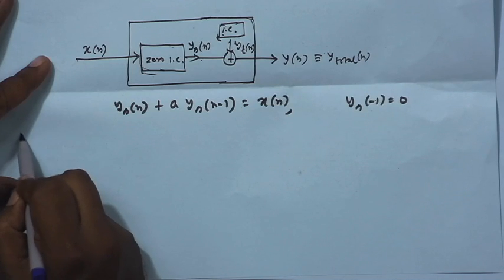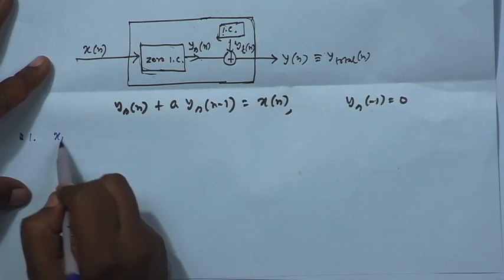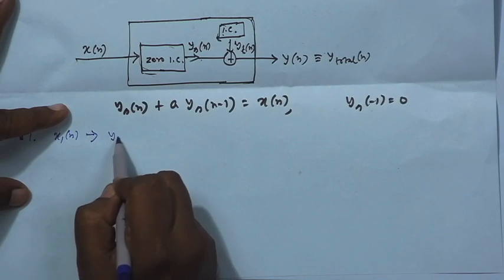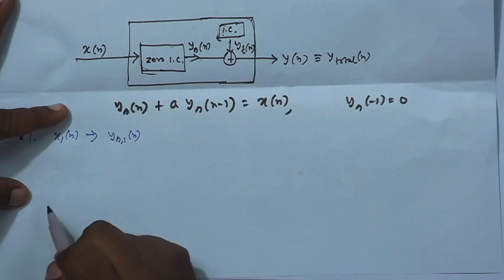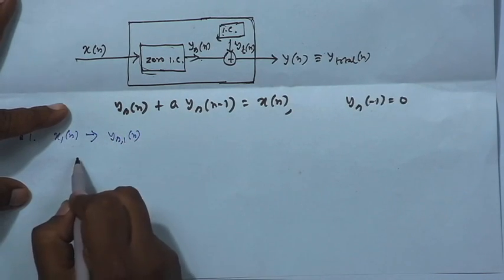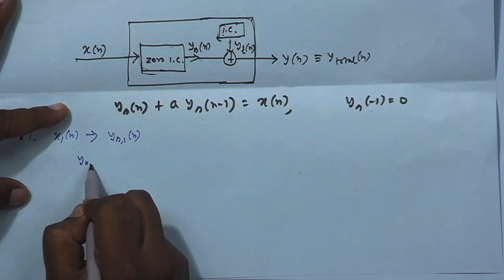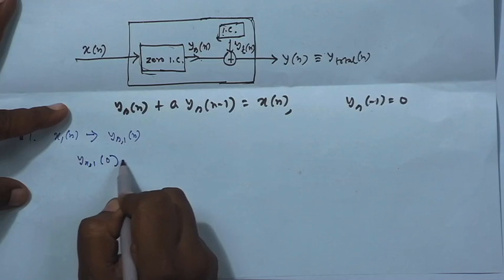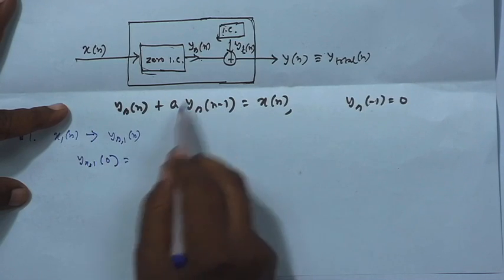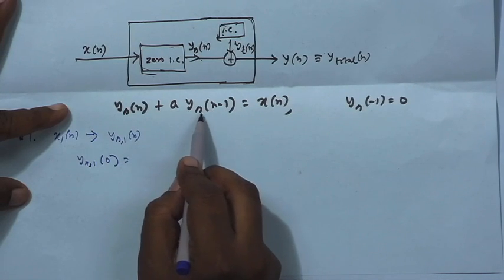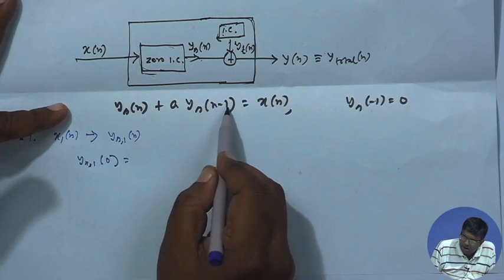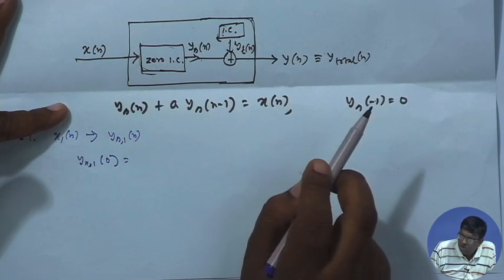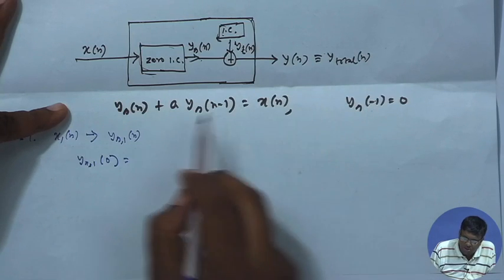Suppose I give an input x_1[n] and it gives me y_s1[n]. It will be satisfying this way, and the initial condition is 0. If you put 0 here, y_s1[-1], whatever it is, the initial condition is not given, that is all 0. So, that means this part is always 0.